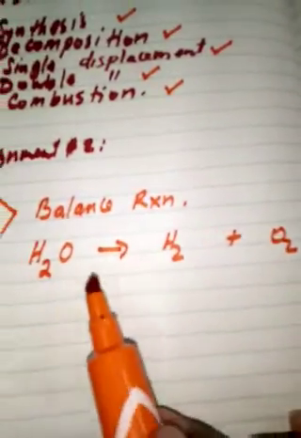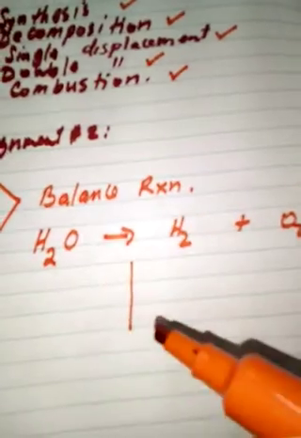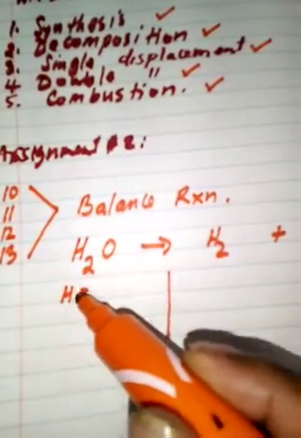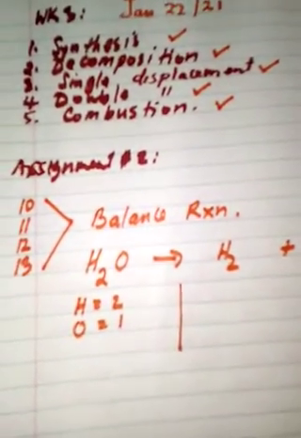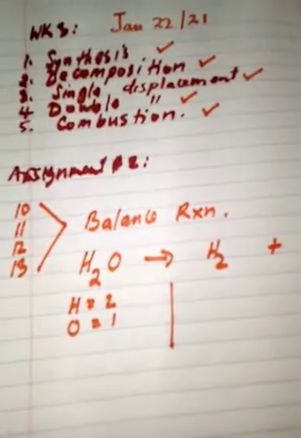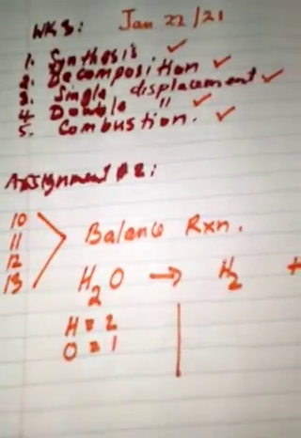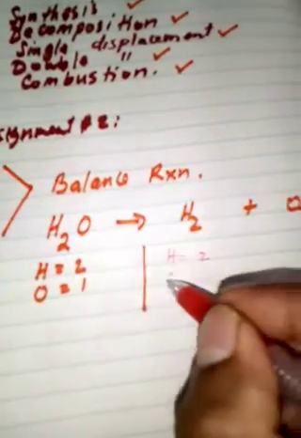Now to balance this chemical equation, it's always a good idea to write down what you know. On the left, hydrogen is 2, oxygen is 1. And on your right we have hydrogen 2, oxygen is 2.